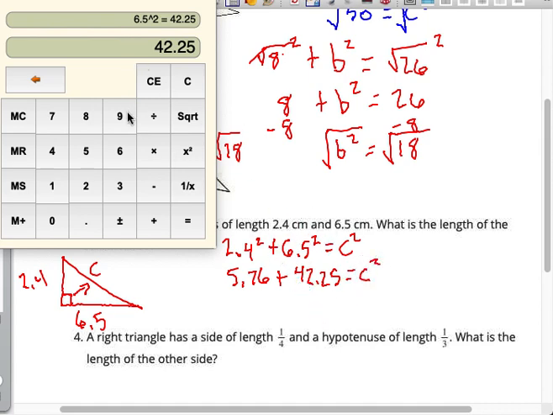Now we just add these two together. Oh shoot, I already had the other one in there. All right, start over here. So 42.25 plus 5.76 equals 48.01.